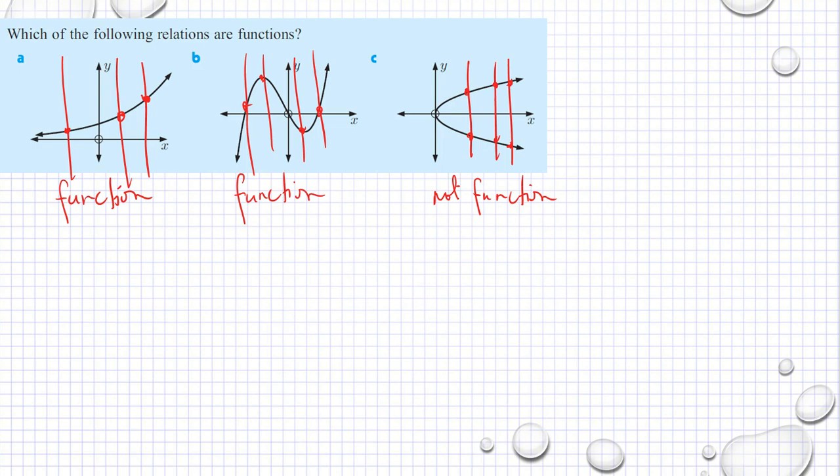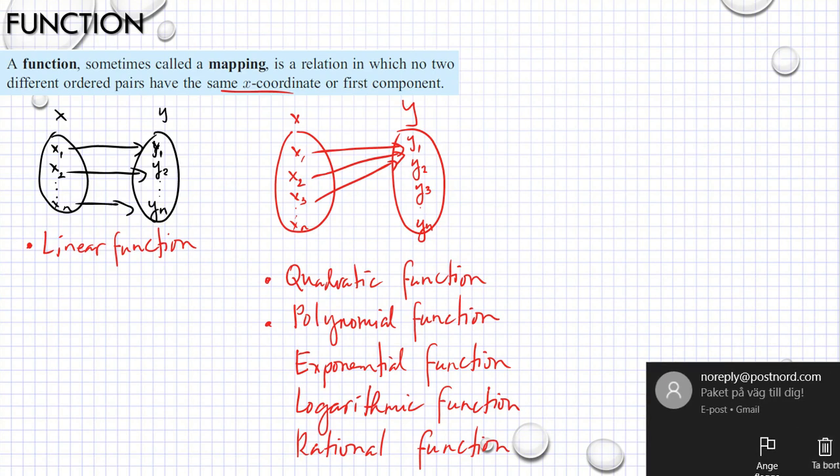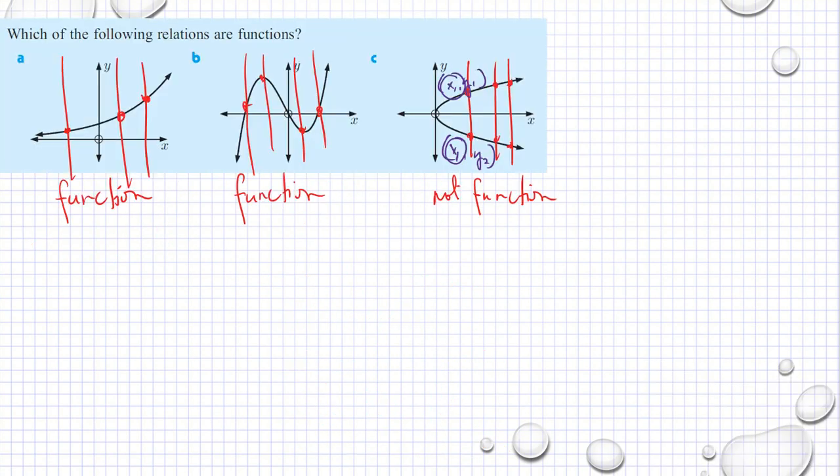If I call this point x sub 1 and y sub 1, and this point x sub 1 and y sub 2, then I have two pairs of numbers with the same x coordinate. And the definition doesn't allow for that. That is why the third one here is not a function.